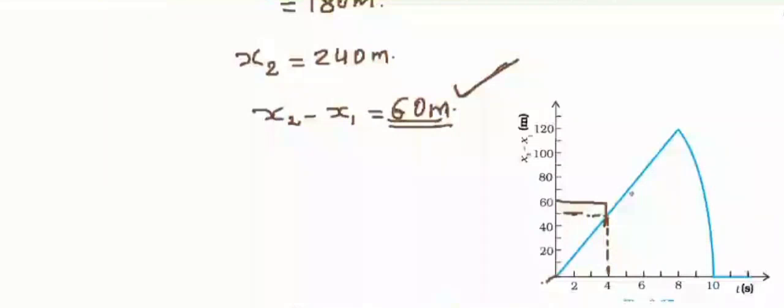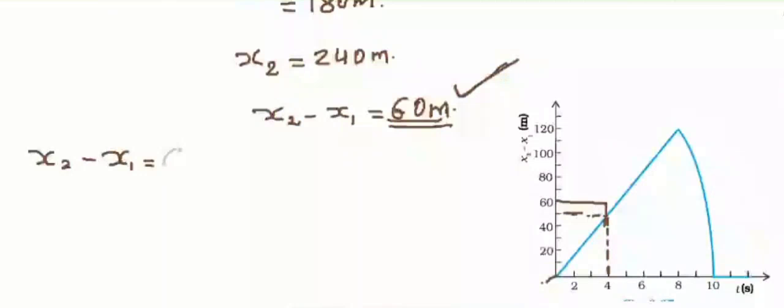Now, next, we need to see the equation for the motion. When you take the equation for motion, we again take the equation for x1, x2, etc. So we can take x2 minus x1 in the form of equations.